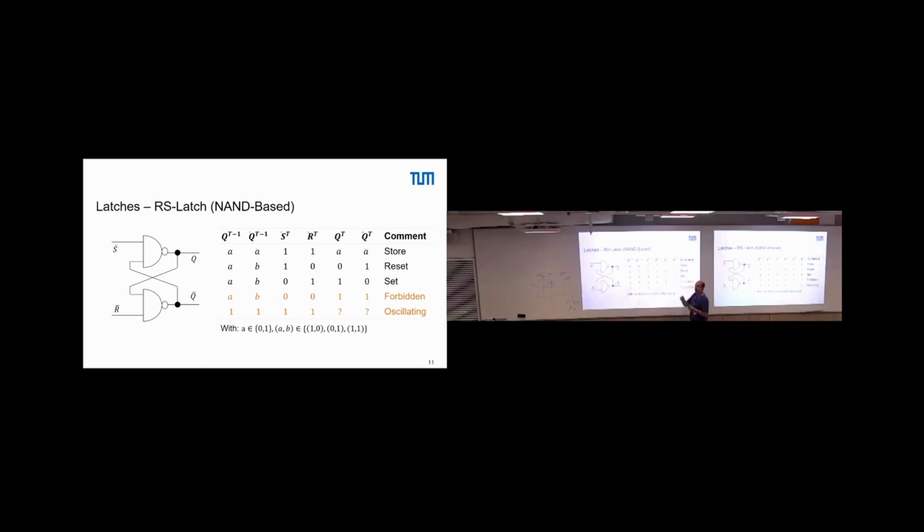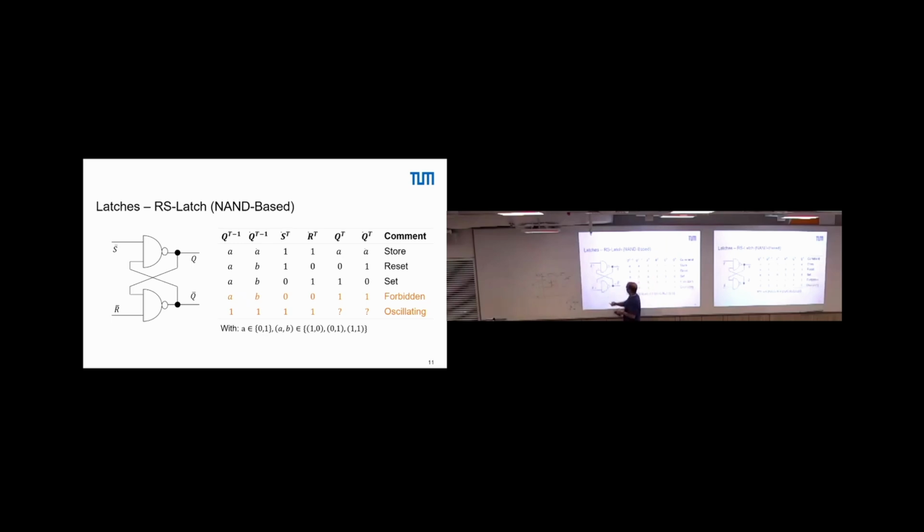No impact, whatever the Q and Qt minus 1 is. So that's why I have here A and B, because A can be 0, 1, this can be 0, 1. I can have arbitrary combinations of this. Always the output is here 1, 0. I don't have a problem. No? Good.